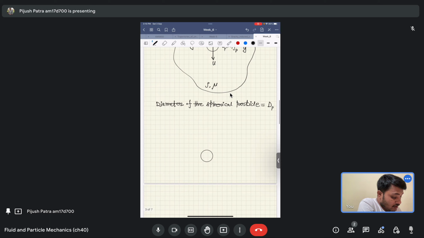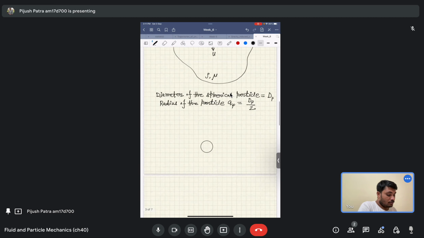Sorry, that means the radius of the particle ap is equal to dp by 2. It's very simple.